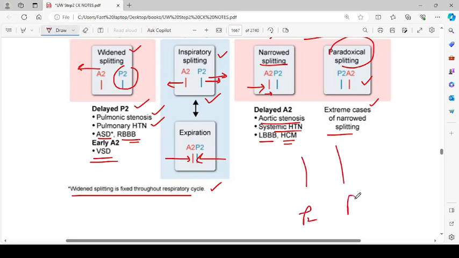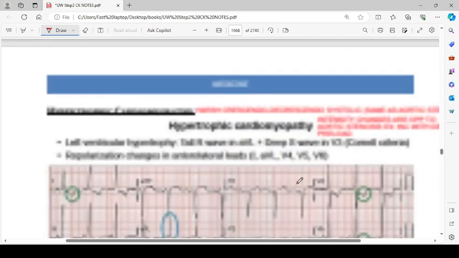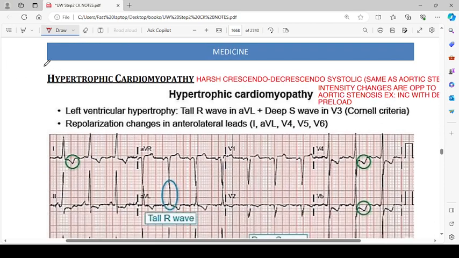Normally during inspiration, the P2 is delayed a bit. So during inspiration, the P2 moves towards A2 and the split is gone, and during expiration, it comes back and the split is there. So in paradoxical splitting, the A2 sound comes after P2, and the other paradoxical phenomenon is that the split is heard during expiration.